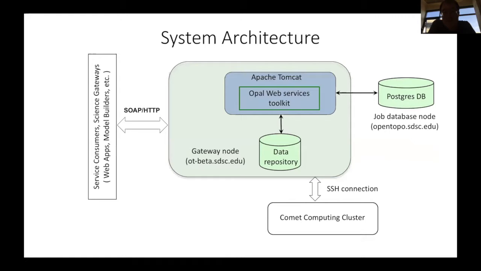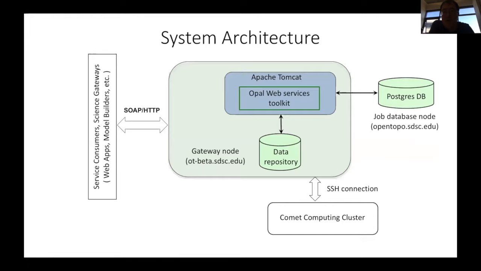On the gateway node, the Opal Web Service Toolkit is deployed into Apache Tomcat, and the Opal Toolkit stores a lot of job information into PostgreSQL right now.